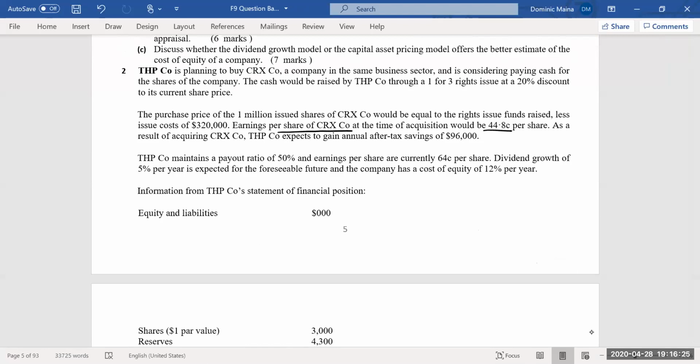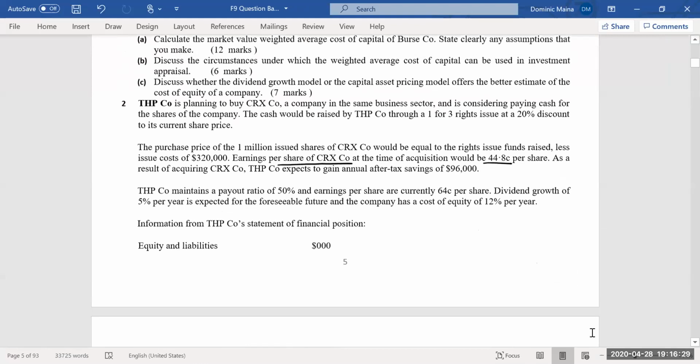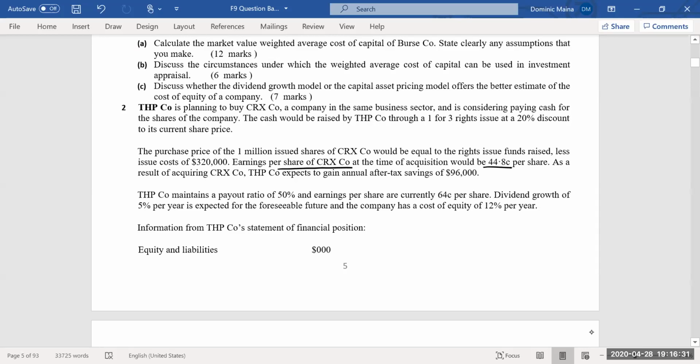However, we are told the two companies are in the same business sector. Maybe we have not done this in terms of valuation, but we have discussed already the PE ratio. Since the CRX company does not have its PE ratio, and don't forget, what is the PE ratio?